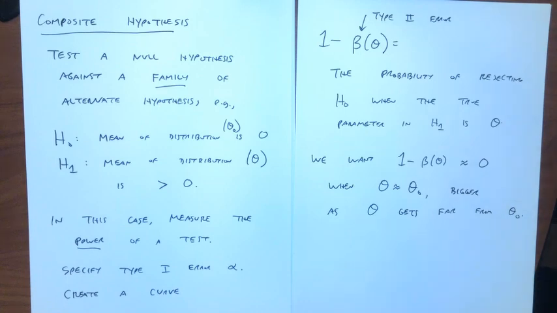Or you might say the null hypothesis is that the distribution is Gaussian with 0 mean, and the other hypothesis is that the distribution is some sort of exponential, parameterized by lambda, right? And then you have to look at your test over all the possible values of lambda.